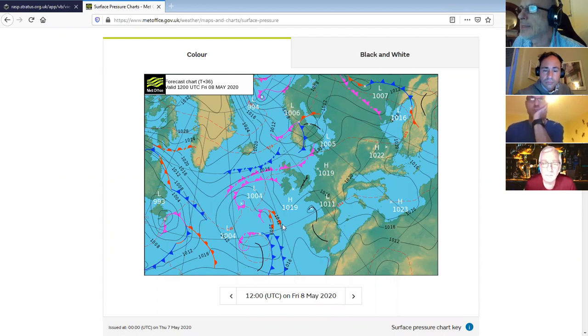And as you can see, very dominated by high pressure. Not a lot happening. So if we just go forward, you'd expect from this fairly light winds, and when it's like this, it can be difficult to predict wind direction.